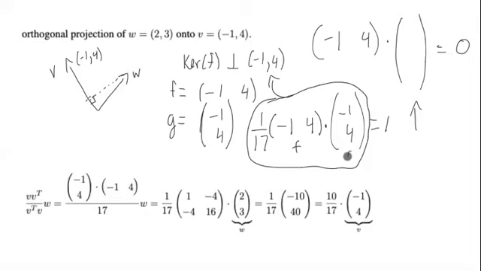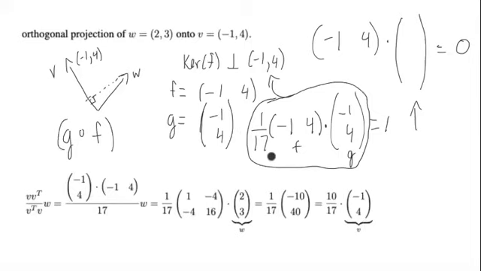And that's your g. So if we wanted to think about projection, remember what we do is we swap this. We say g of f, and in front we can put the scalar.